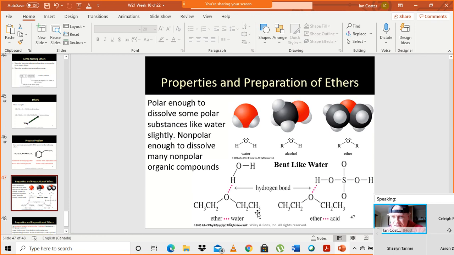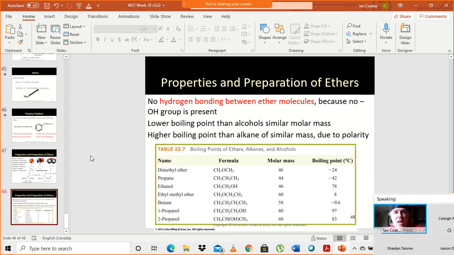And you'll see that there is a bit of hydrogen bonding that will go on with an ether. You see that bent structure with the oxygen? It's got those 2 pairs of electrons up here, negative. It will slightly attract a hydrogen from another molecule. But there's no hydrogen bonding really between big ether molecules, because there really isn't any OH group.